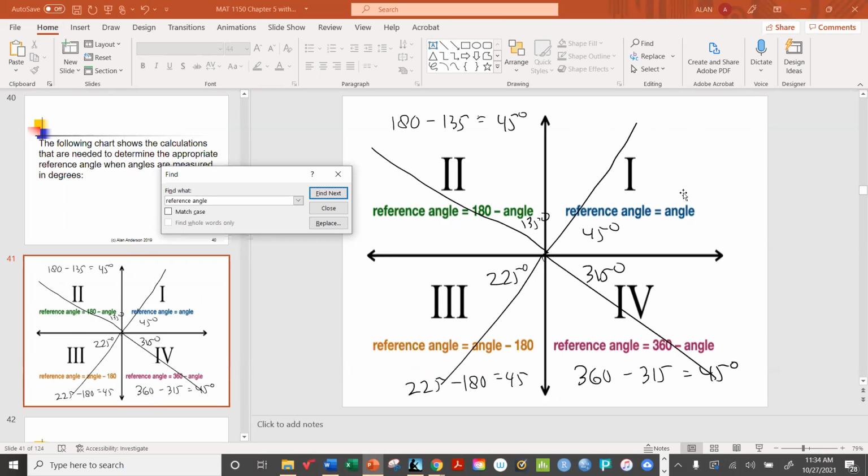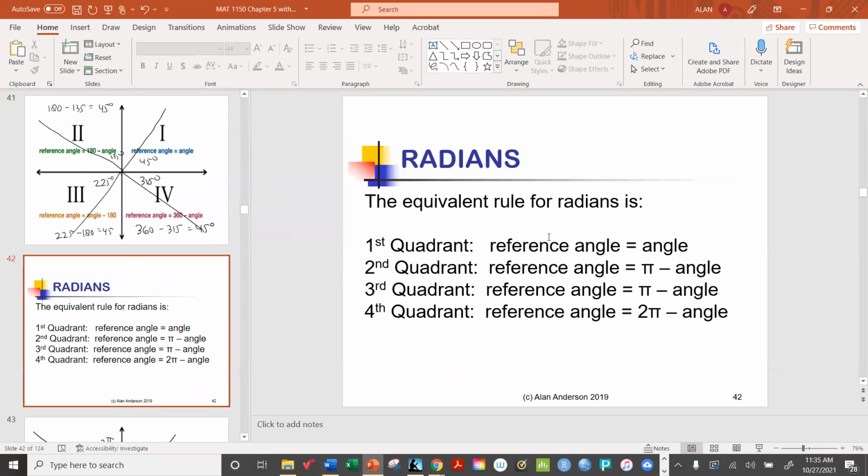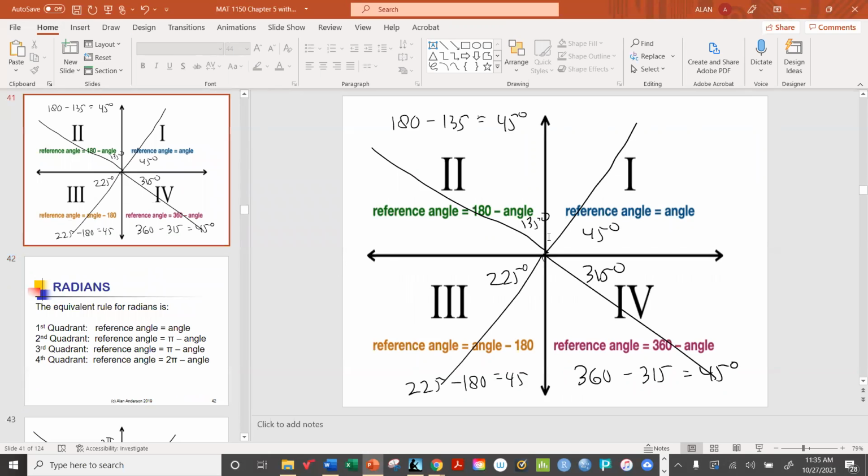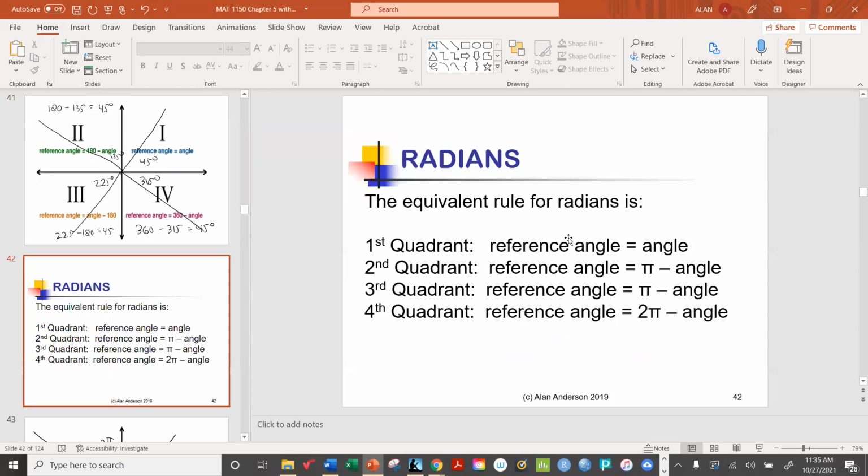So within the first quadrant, 135 is equivalent to 45. So you're looking for the smallest acute angle that has the same value. Remember this chart, and this one as well, in order to do reference angles.